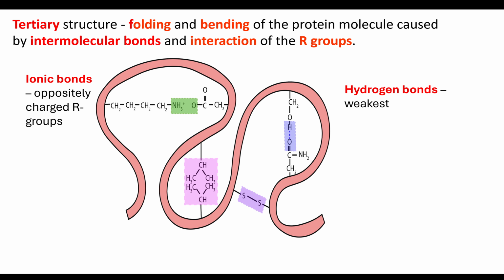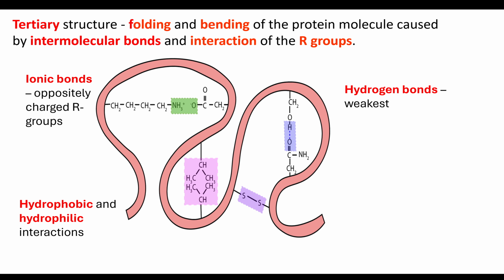If there are oppositely charged R groups, then what we have is ionic bonding. So the ionic bonds will again cause this folding and bending if those R groups are oppositely charged. We have our hydrophobic and hydrophilic interaction.